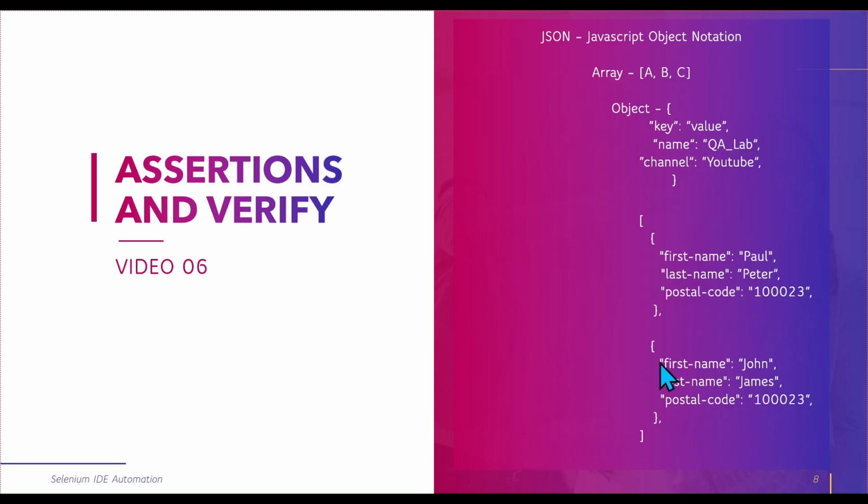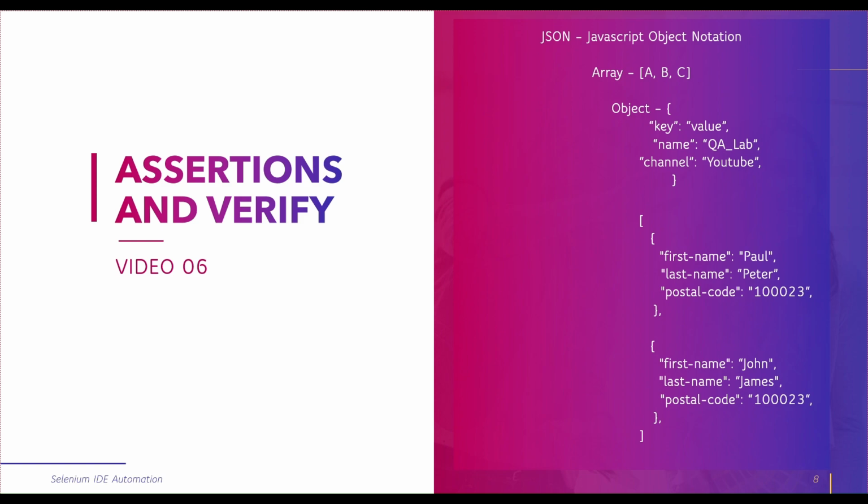And the second object, first name John, last name James, postal code 1023. To mention again, to access your value, you make reference to the key associated to the value. Meaning if I want to get Peter, I'll make reference to last name. If I want to get Paul, I'll make reference to the first name here. Alright, I believe this should give us the basic understanding of how object and array work in JSON format.